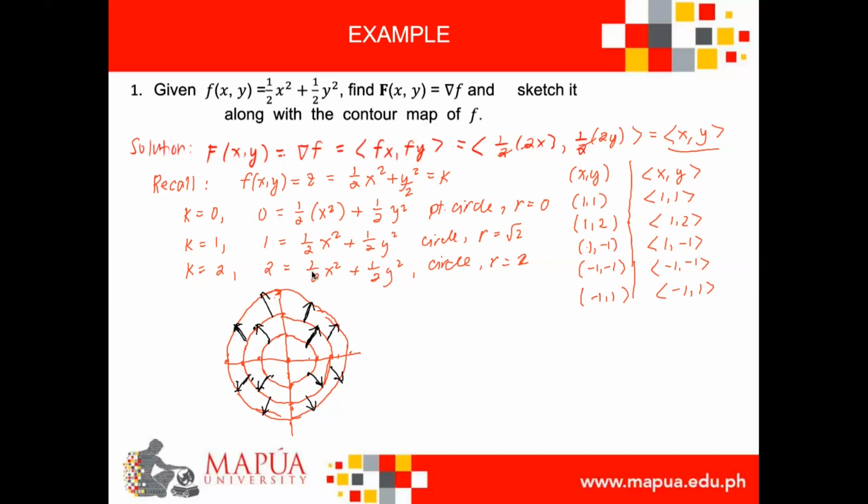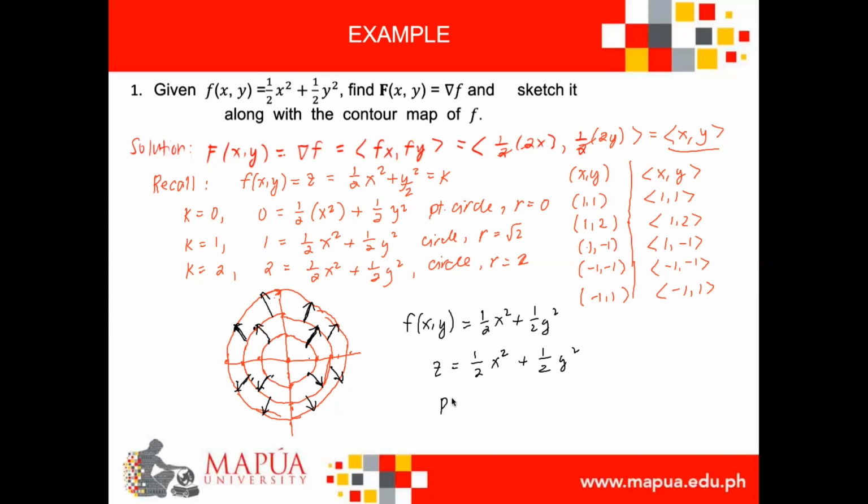So this is how we graph the given function f of xy equals 1 half x squared plus 1 half y squared. By the way, the given function f of xy equals 1 half x squared plus 1 half y squared, where we can assign f of xy to be z. So this is a surface, which is specifically a paraboloid, and it is opening upward.